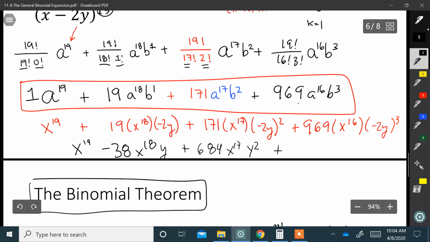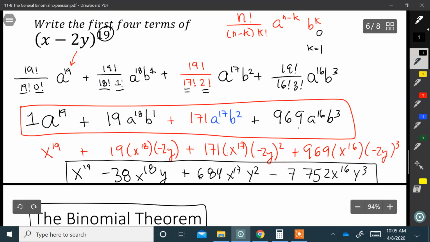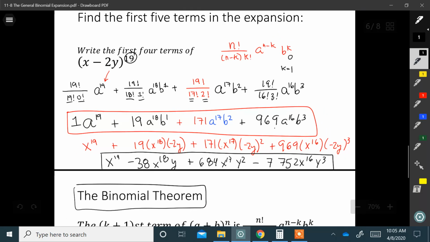And then finally, negative 2 to the third is going to give me negative 8, and 8 times 969 is negative 7,752 x to the 16 y to the third. Make sure you verify those numbers yourself with your calculator. Maybe I made a mistake.